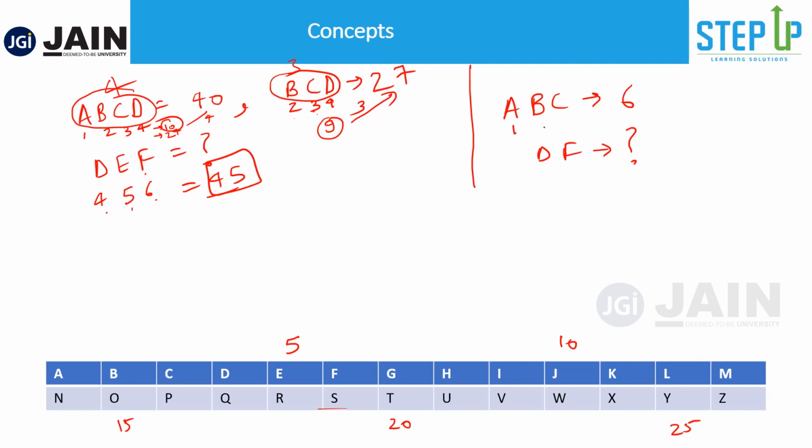For example, this is 1, this is 2, this is 3. If you add them it's becoming 6, but if you multiply also it's becoming 6, no? 3 into 2, 6 into 1, 6. So if through two things you are getting 6, they have to give another example to say this is the logic. Otherwise they cannot give, because 4 into 6 is 24, 4 plus 6 is 10. So you can get 2 answers. So typically they won't do that.